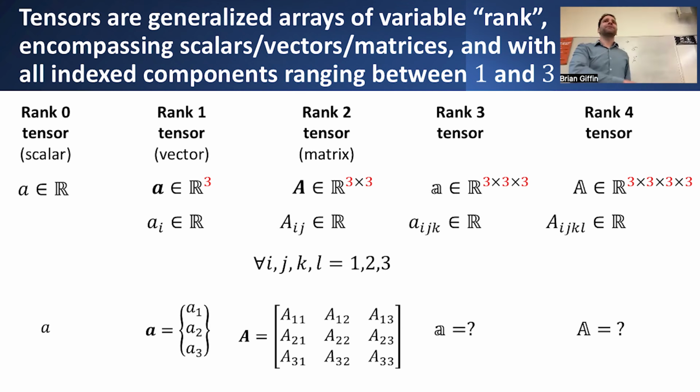The other special condition, however, on the subject of tensors is that in general, the range of each of these different sub-indices is constrained. And typically, it only ranges between 1 to 3. So in general, if we're talking about a rank 2 tensor, it's always going to be a 3x3 matrix.